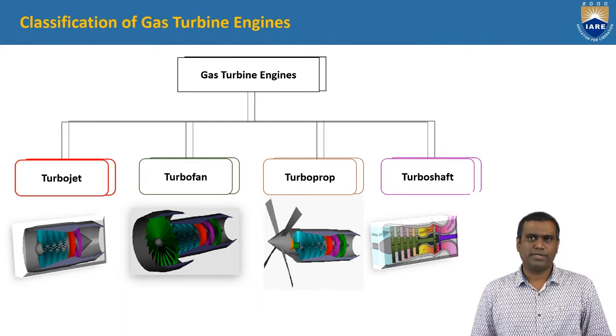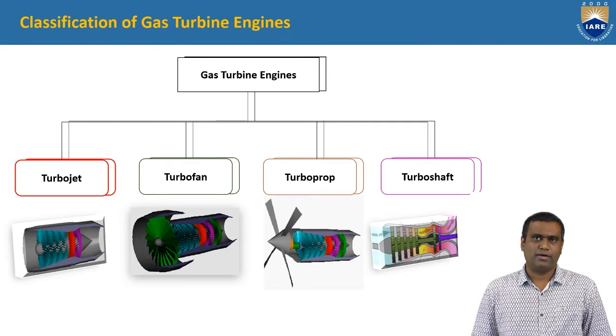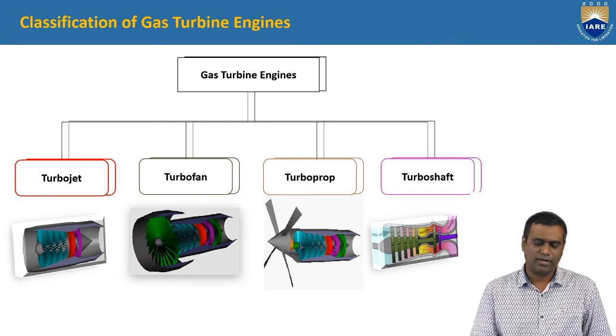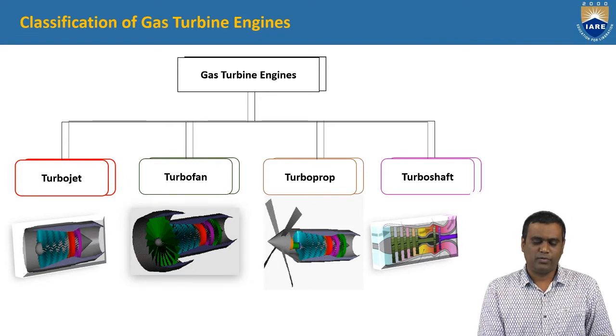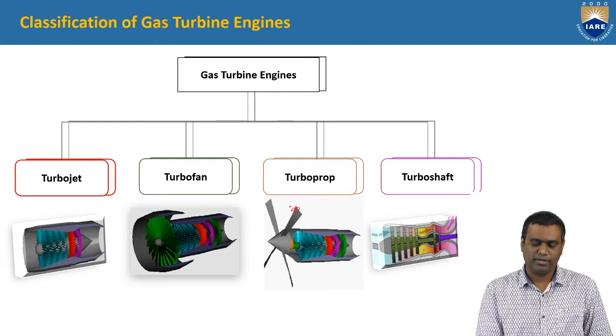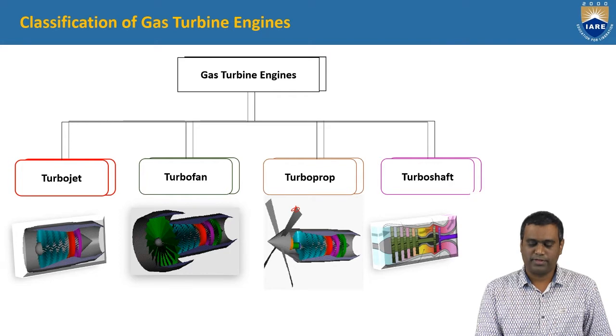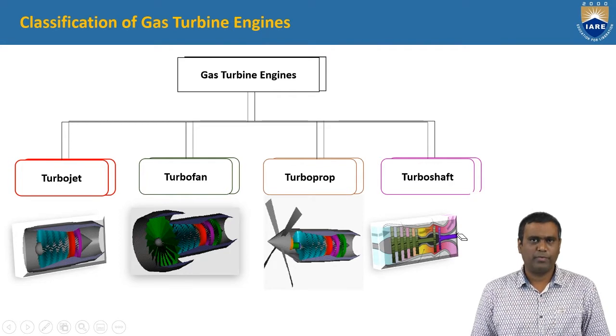These four are based on different mechanisms: turbojet is a basic simple engine, where turbofan would be included, turboprop has a propeller included here, and in turboshaft the energy would be transferred through the shaft. We will discuss them one by one.